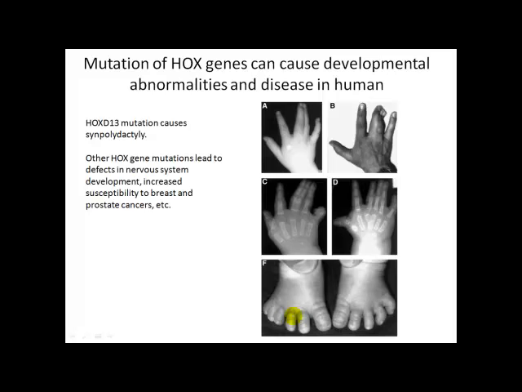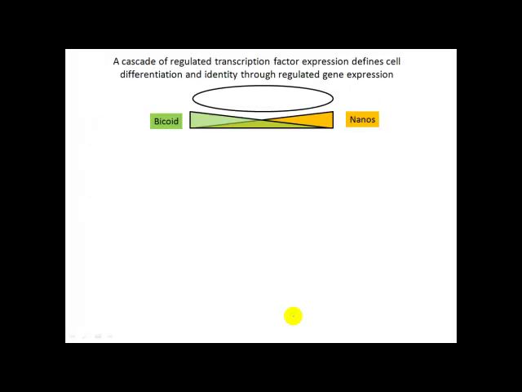All right, so we talked about a lot of stuff there. I want to just go back a bit and summarize conceptually what we just saw happening in Drosophila development, and tie it all together.